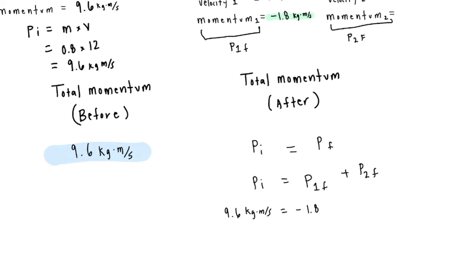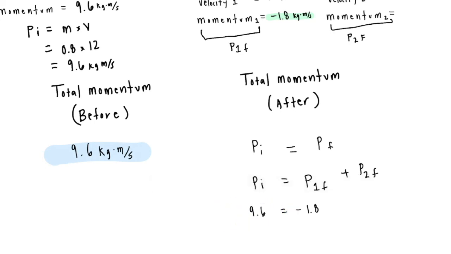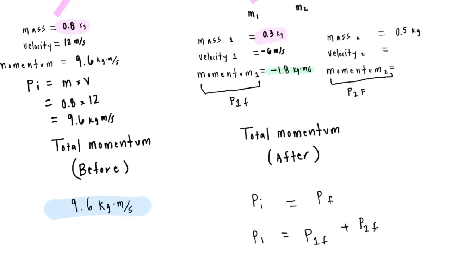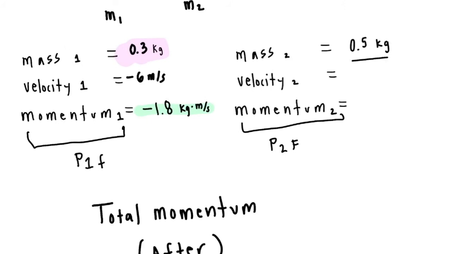I'm just going to leave the units out so that it's a little bit clearer. So we have 9.6 equals negative 1.8 plus now P2F. We have mass, it's 0.5, and then we have to multiply that by velocity, which we'll call V2F.